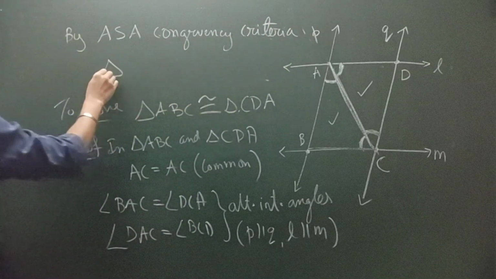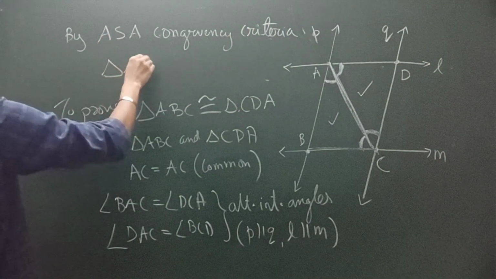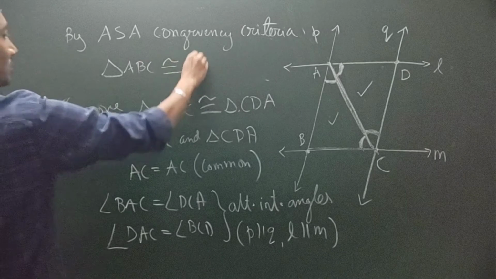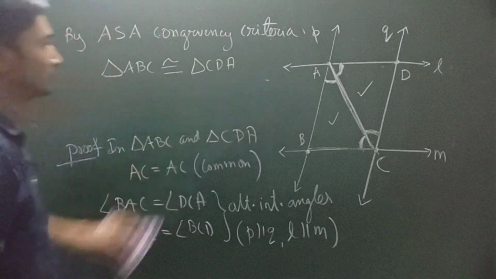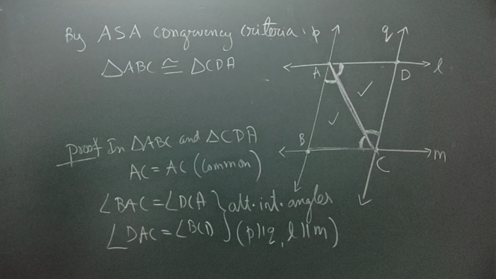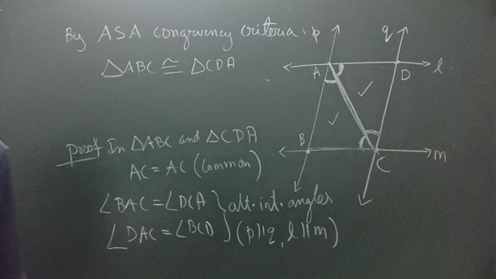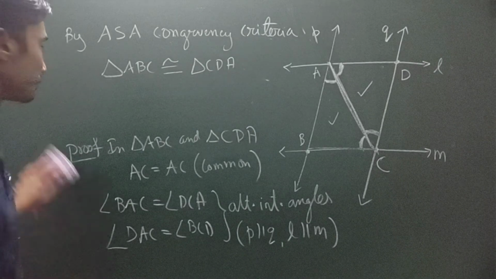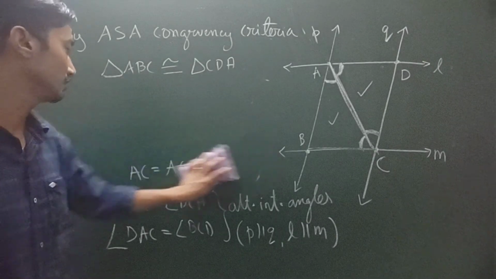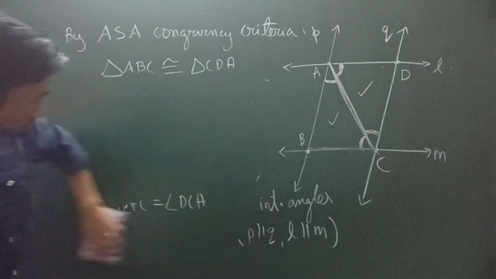Triangle ABC congruent to triangle CDA. Ho gaya na? Satisfied? Okay. All right then. So that should be it.